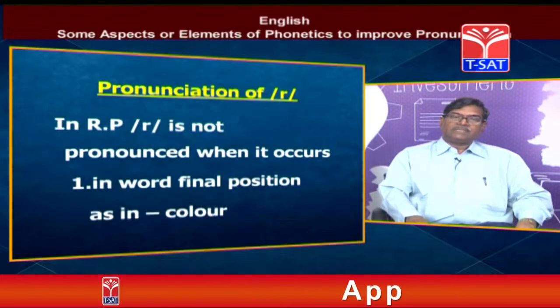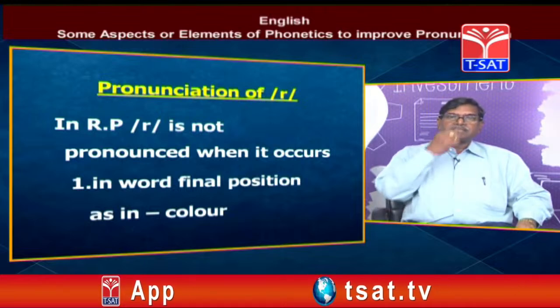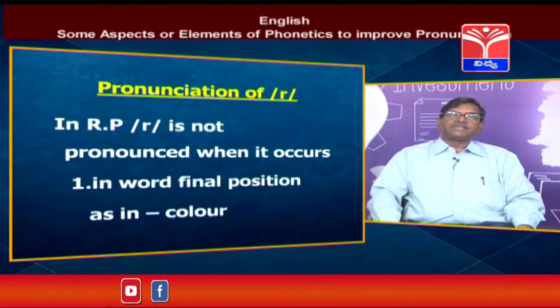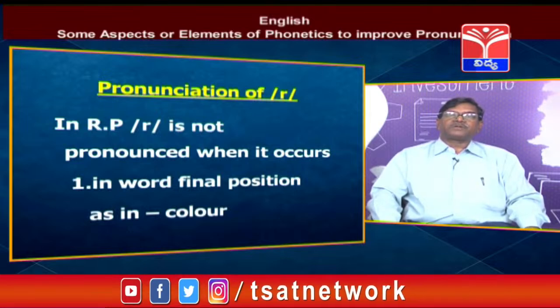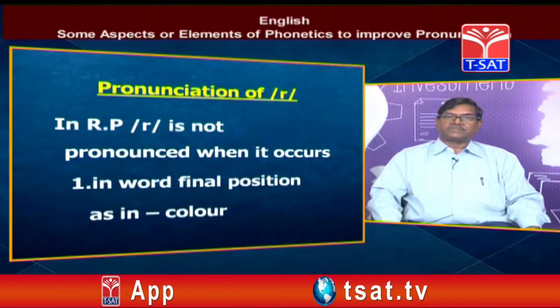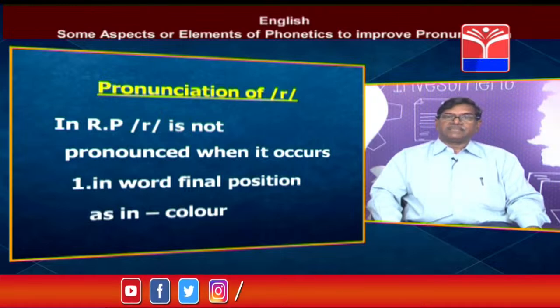Then let us talk about the pronunciation of the r sound. In received pronunciation, RP of England, r is not pronounced when it occurs in word final position, as in colour. The word ending r is not pronounced, and before a consonant sound also it is not pronounced, like certain, C-E-R-T-A-I-N.